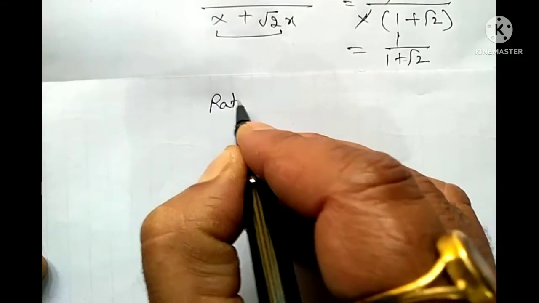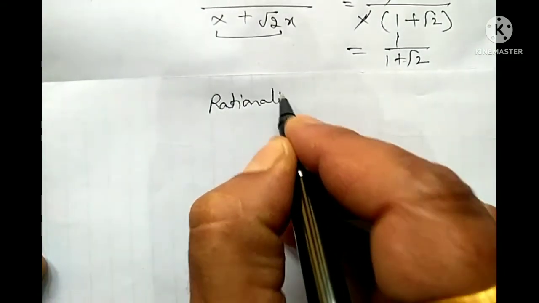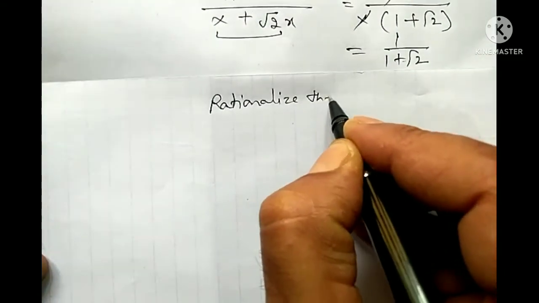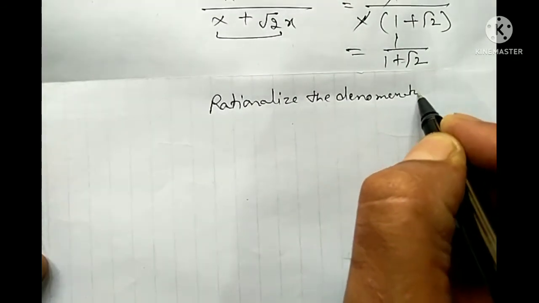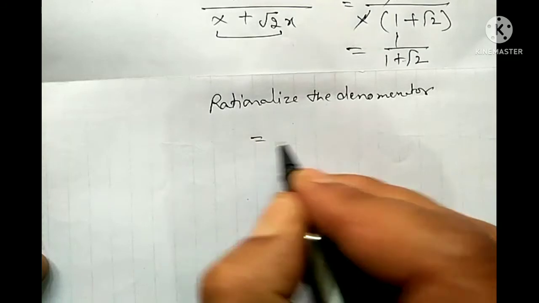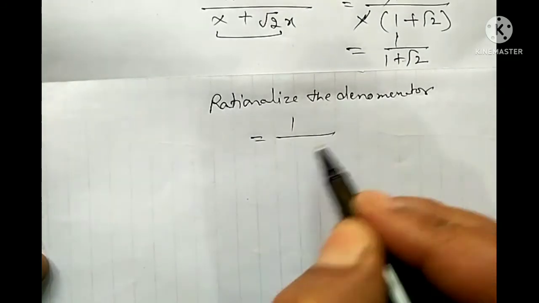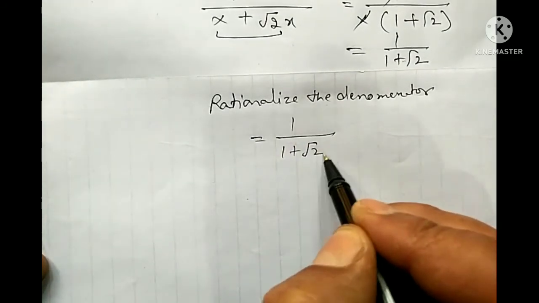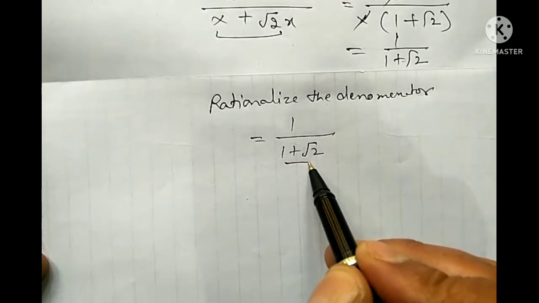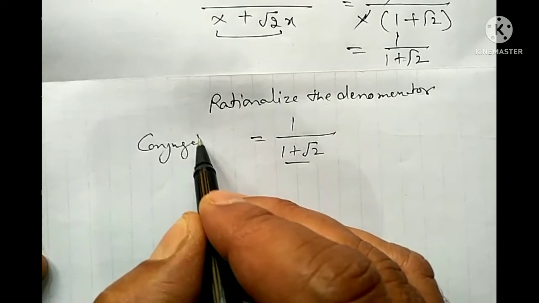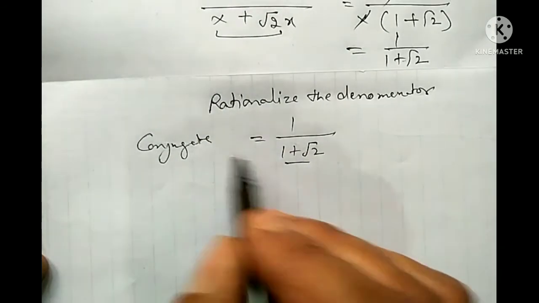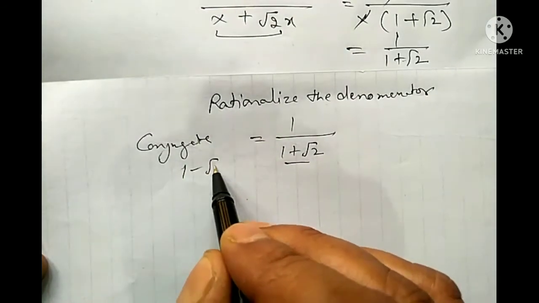Now rationalize the denominator, we get this is equal to 1 over 1 plus root 2. When we rationalize the denominator, we take the conjugate of this, and the conjugate of this is 1 minus root 2.